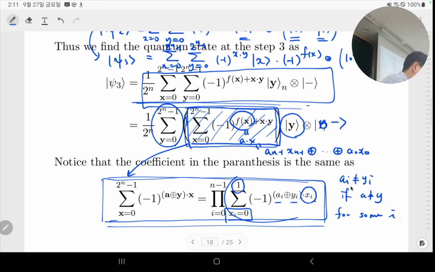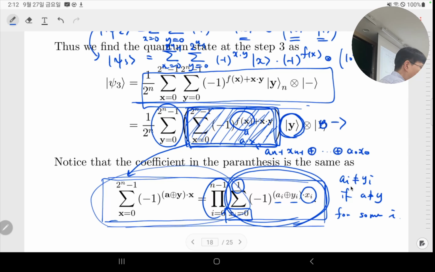So this summation becomes 0 when ai is not equal to yi, when a is not equal to y. When this summation becomes 0, then this whole multiplication becomes 0, because if one of these multiplication factors becomes 0, then everything is 0. So what does that mean? If you have y not equal to a, then this whole thing becomes 0, because that's the same thing here.